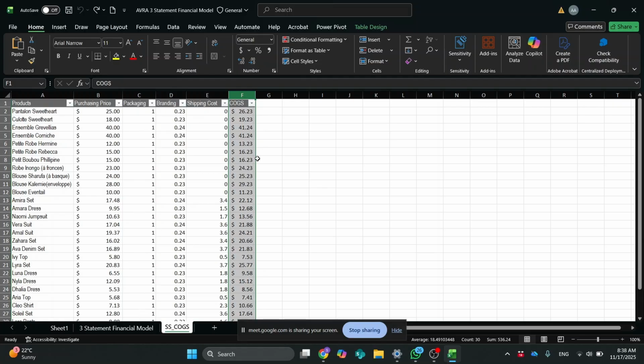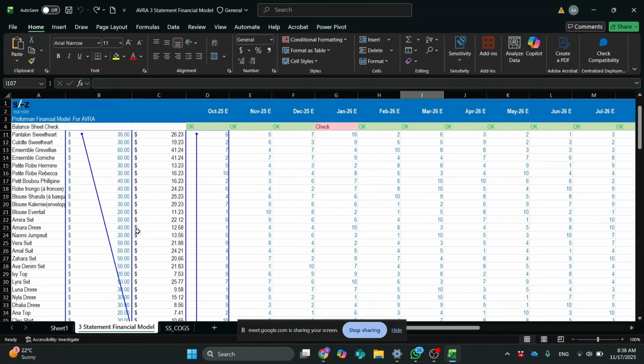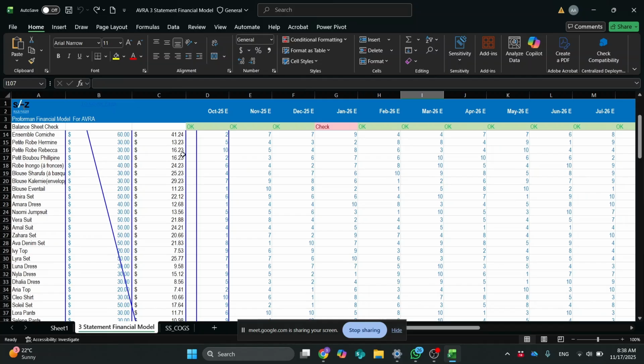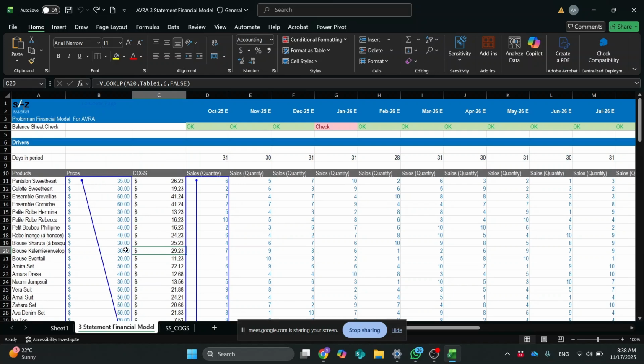Let's assume you're selling at 30 and your COGS is 29. You only have $1 left. On top of that, the government will come and reclaim 16% of this 30. Where do you get that amount from?